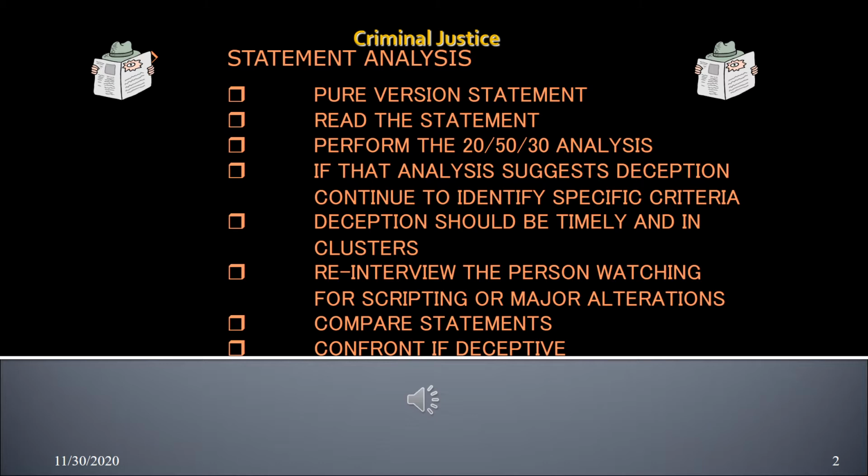You're also going to look out for clusters and timeliness, because to be deceptive, they have to be in clusters and they have to be timely. You're then going to re-interview the person, and you're watching for scripting and major alterations. You're going to compare the two statements, and if you can confirm that it is deceptive, you would then confront the person.